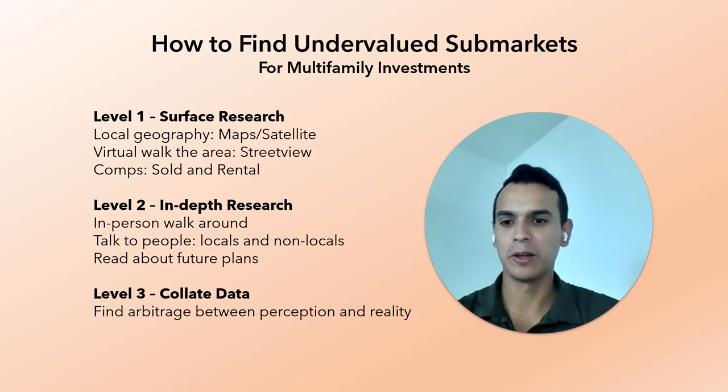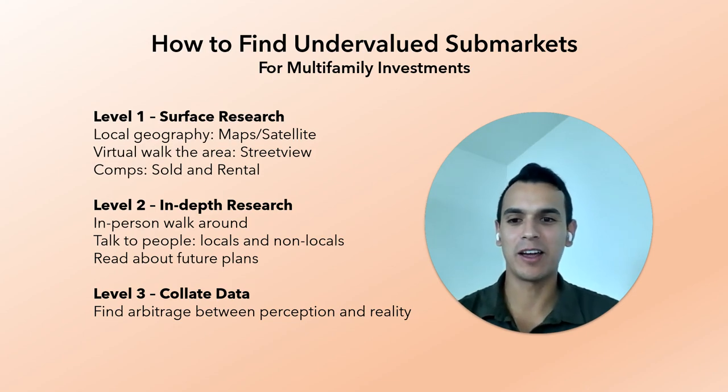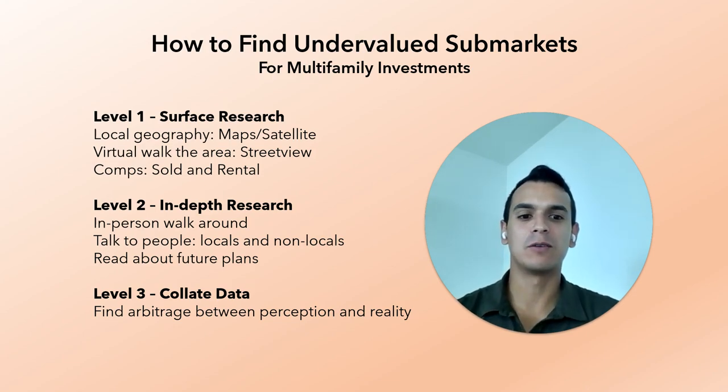So I have an example, Little Haiti in the Miami area. It's been known as a very tough, crime-ridden area for many, many decades, really. And it's recently gone through a gentrification. However, if you go there, at least my perception of it, there were still some very, very rough areas.